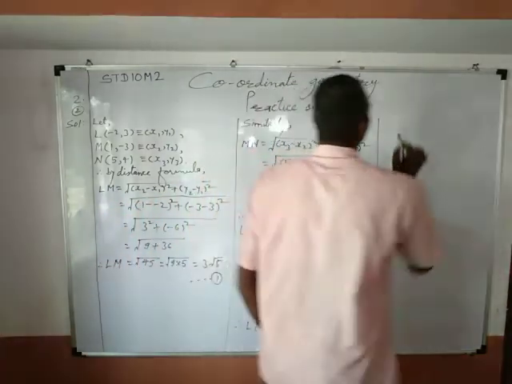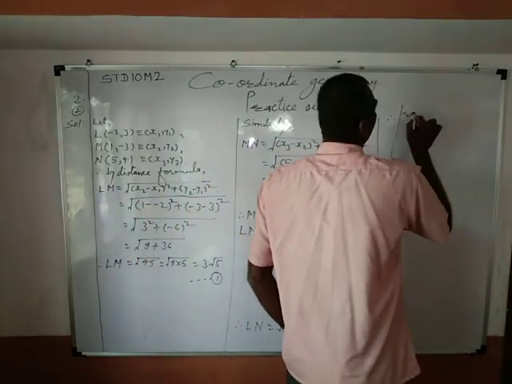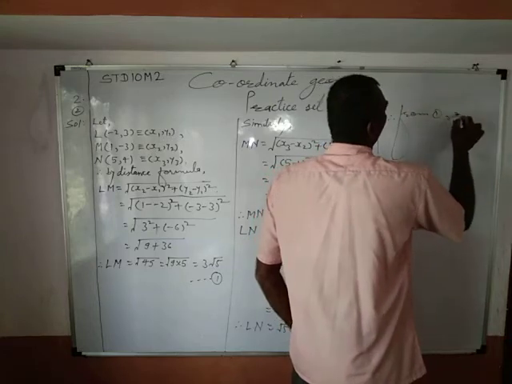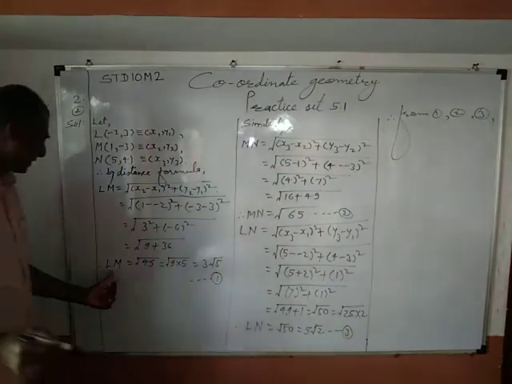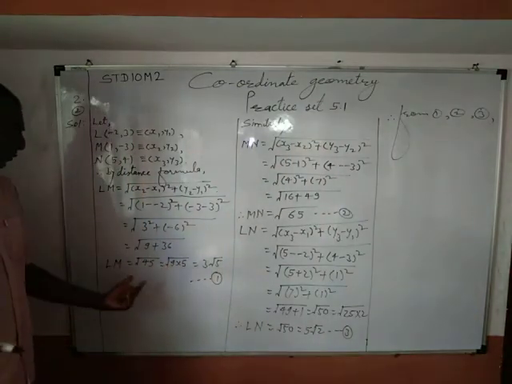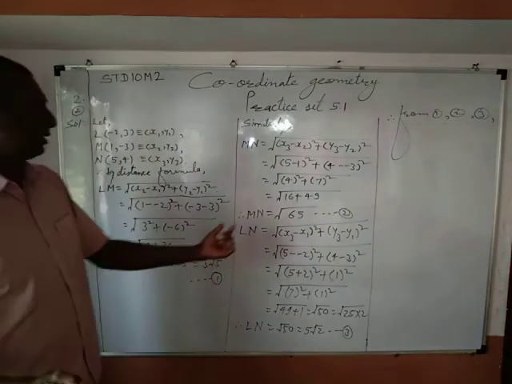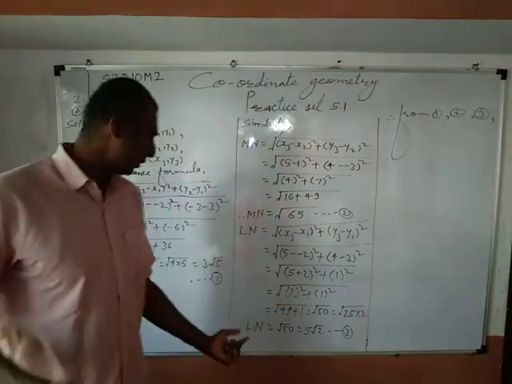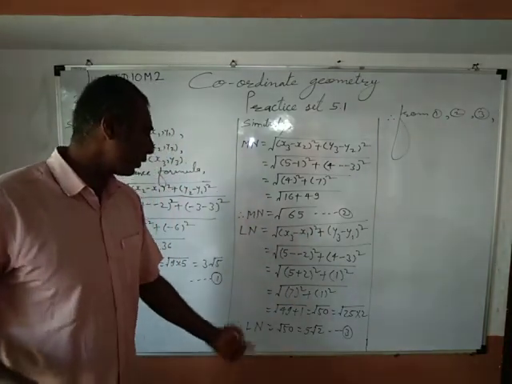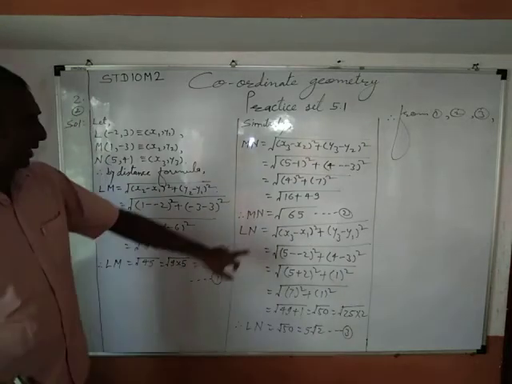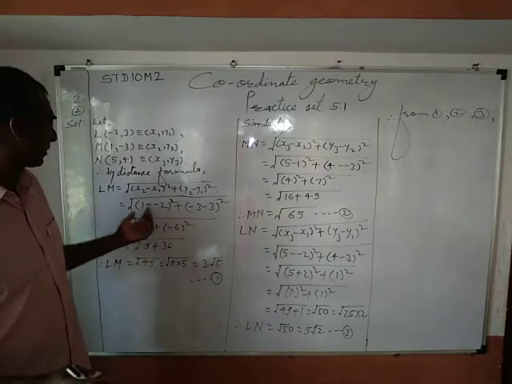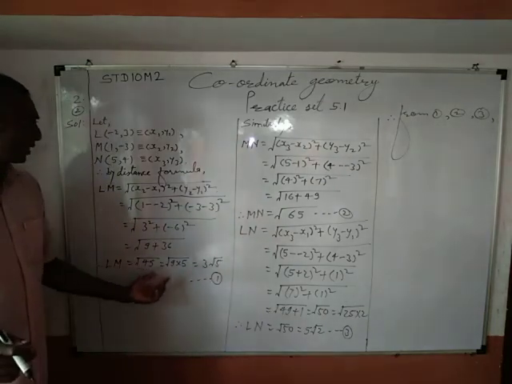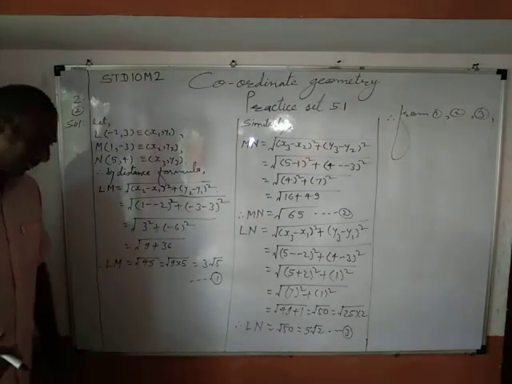Equation third. And therefore from 1, 2 and 3, LM equals 3 root 5 means root 45, MN is root 65 and LN is root 50. The greatest distance is root 65 and the rest of the two are root 45 and root 50.